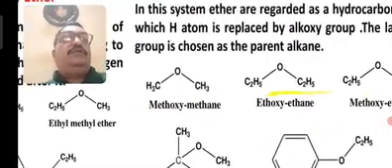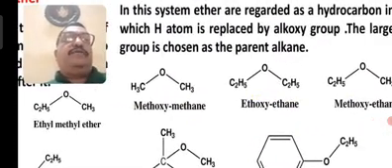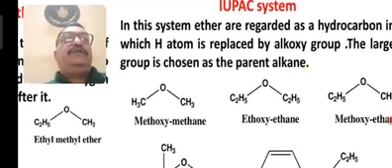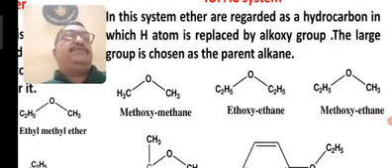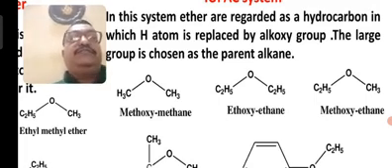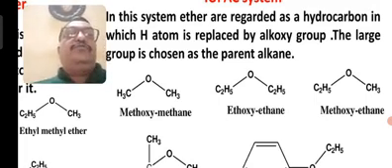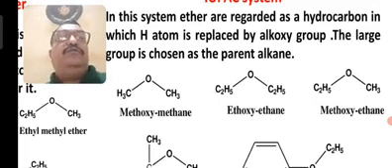Now according to the IUPAC system, the ethers are regarded as a hydrocarbon in which a hydrogen atom is replaced by an alkoxy group. The largest group is chosen as the parent hydrocarbon. You can see CH3OCH3 is dimethyl ether according to the common system. Now what you have to do, just take CH4.